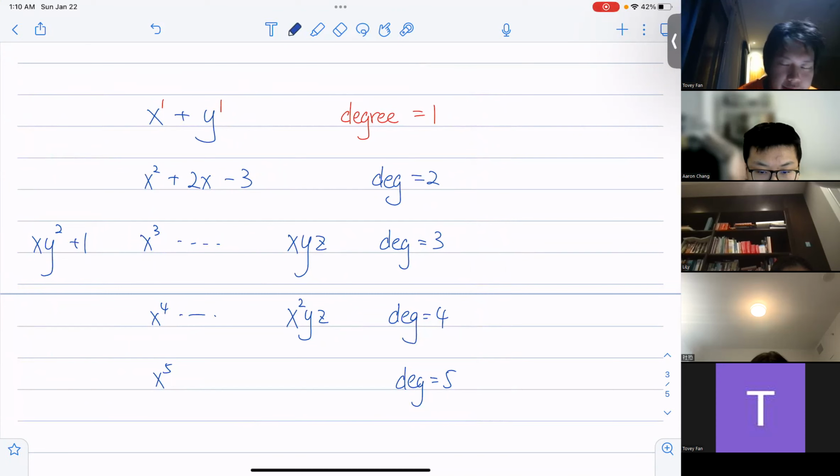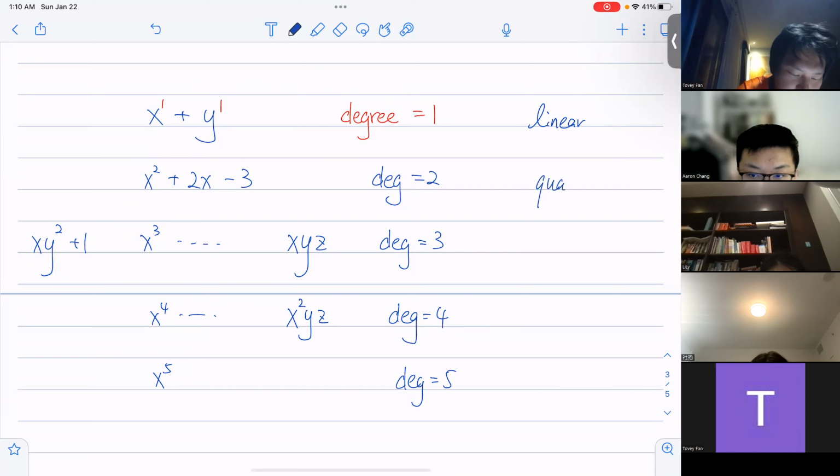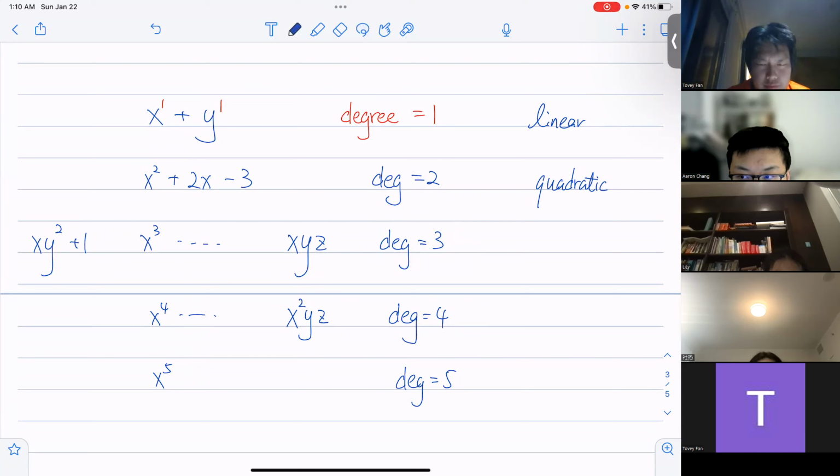So for degree equals 1, we call it linear. That's why we have linear equations, linear systems, linear functions. For degree equal to 2, we call it quadratic. For degree being 3, does anyone remember from your math 9?